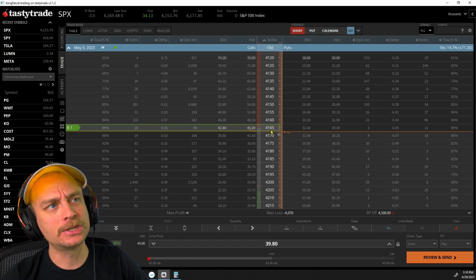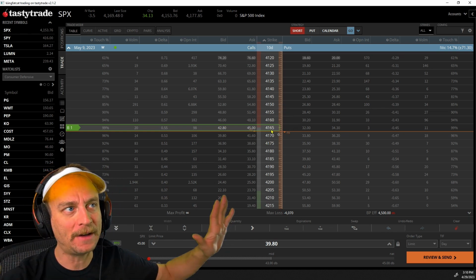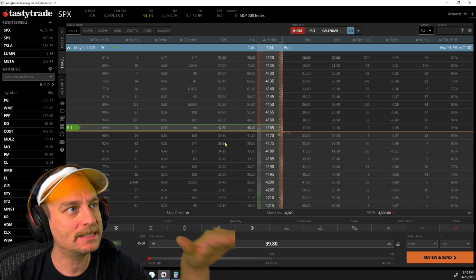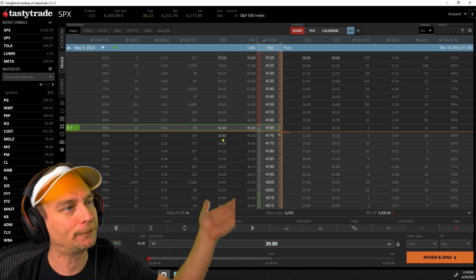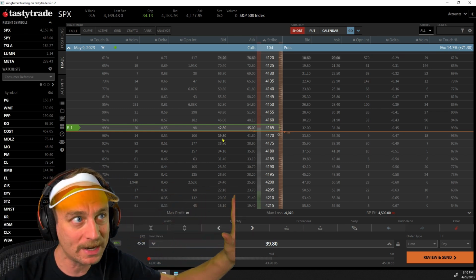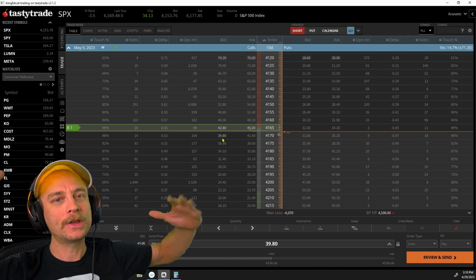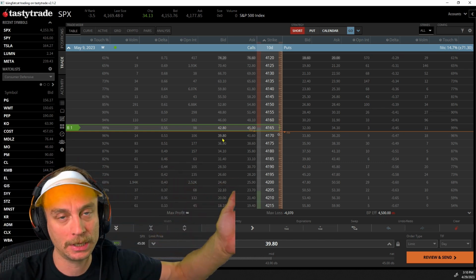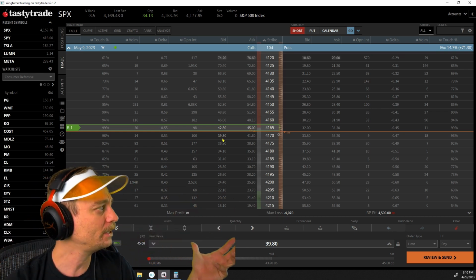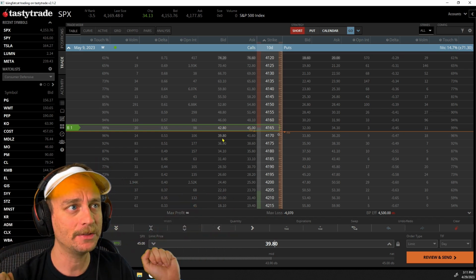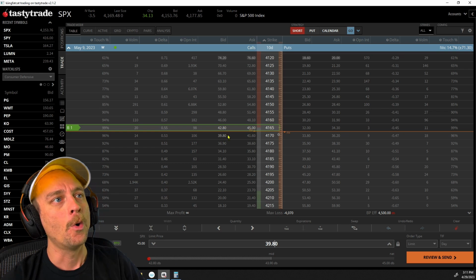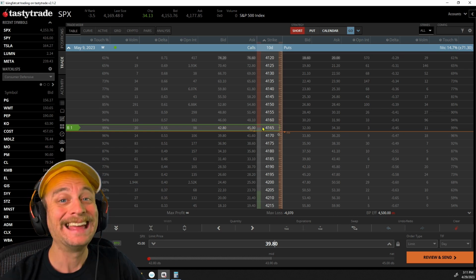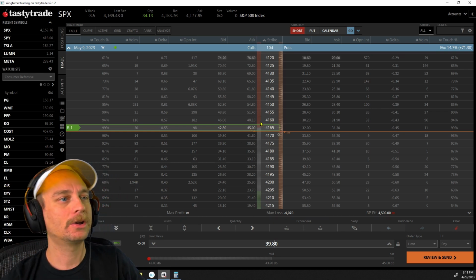So I'm trading 41.65. Just because this bid is the same price as the bid at a different strike doesn't mean I'm trading 41.70. Again, I hope you guys understand what I'm saying here. I don't know if I can explain this any more than this, but that's how this option chain works. Whatever price I'm trading, that's the price I'm trading.